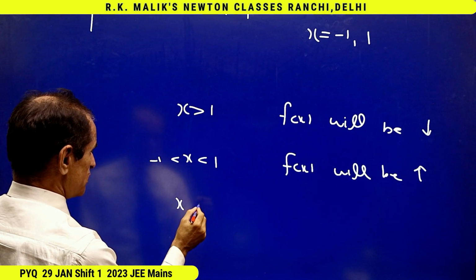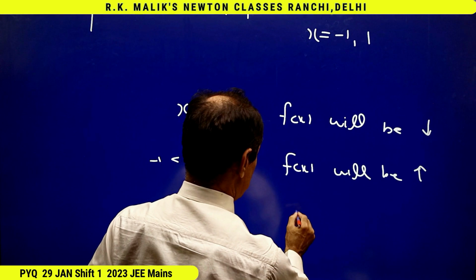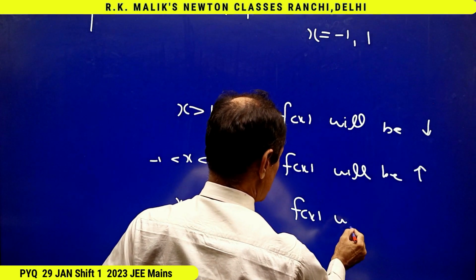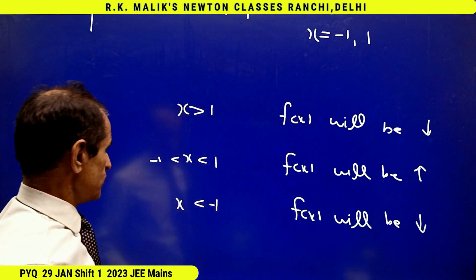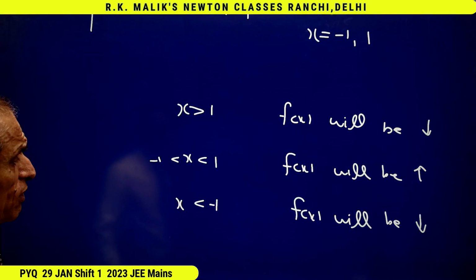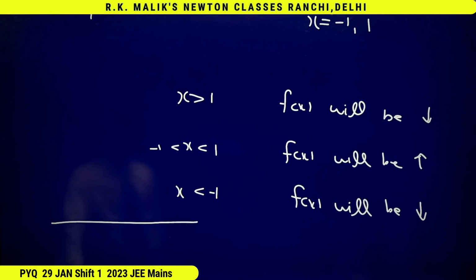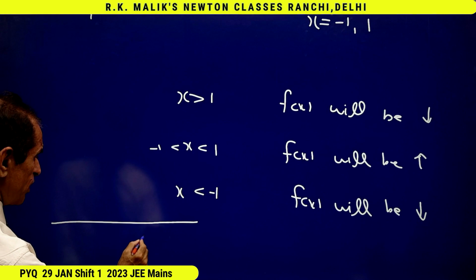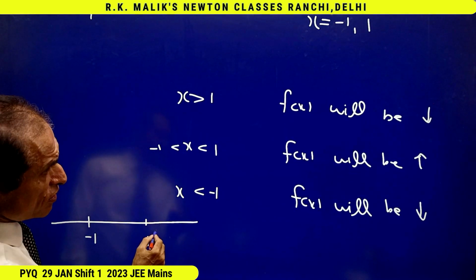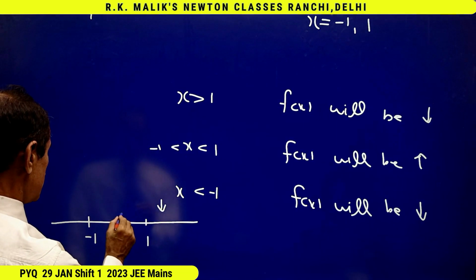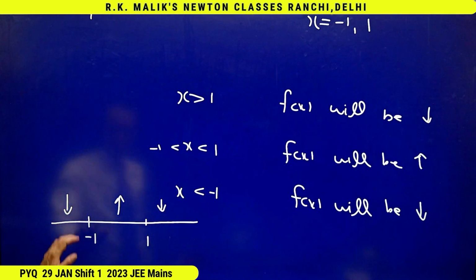And for x less than minus 1, again f(x) will be decreasing, because minus 1 is giving local minima. That is, on the number line, I will say here it is decreasing, here it is increasing, and here it is decreasing.